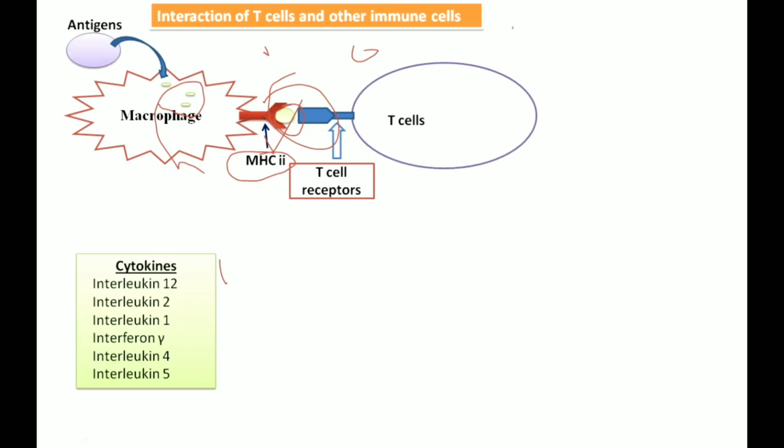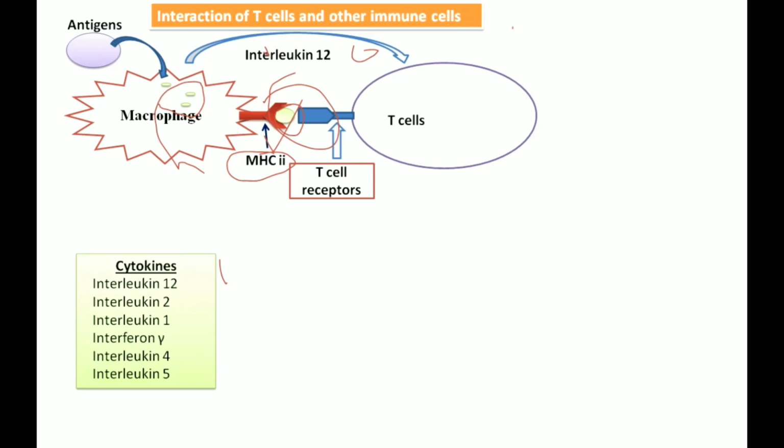It will go and act on the T helper cells. The T helper cell will now start secreting many different types of cytokines due to activation by interleukin 12.